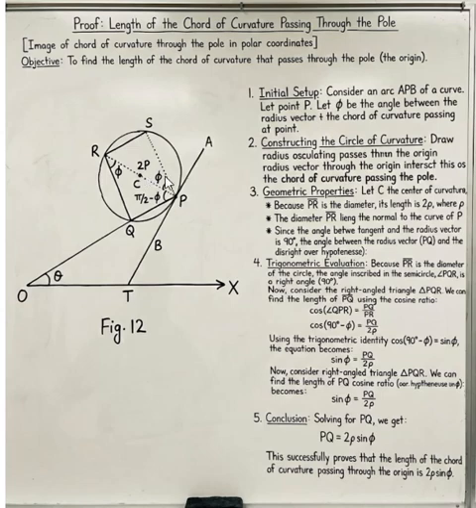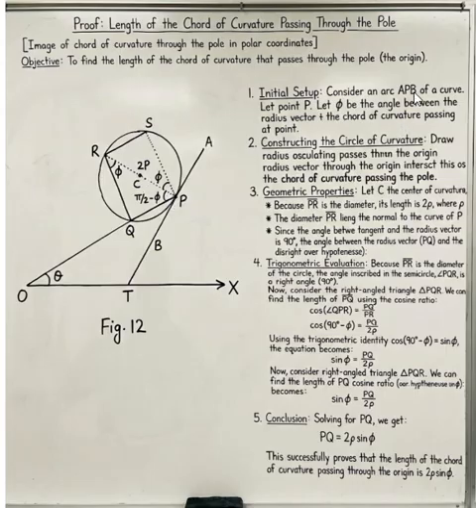The center of that osculating circle must lie on the line which is perpendicular to the tangent drawn at the point, because the radius must always be perpendicular to the tangent drawn at P.